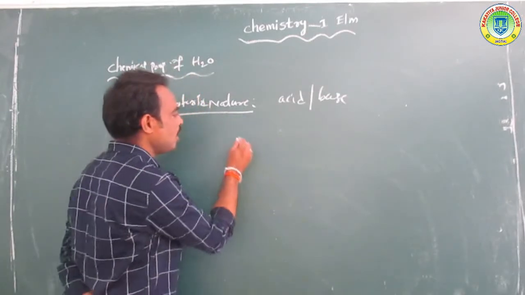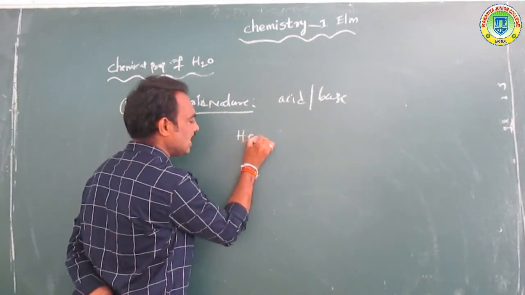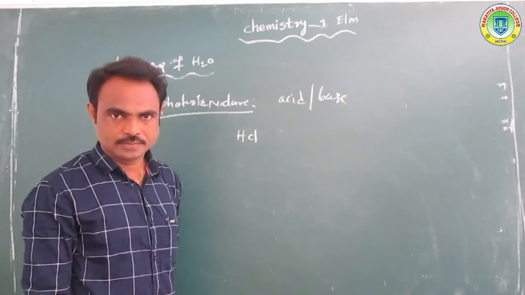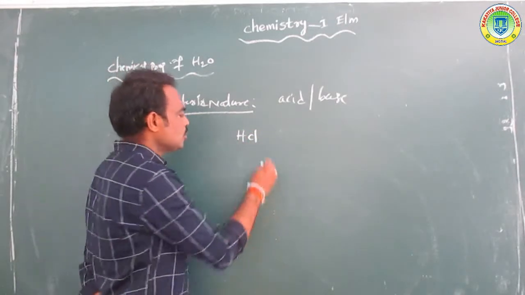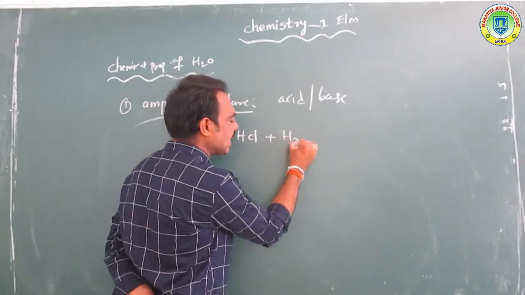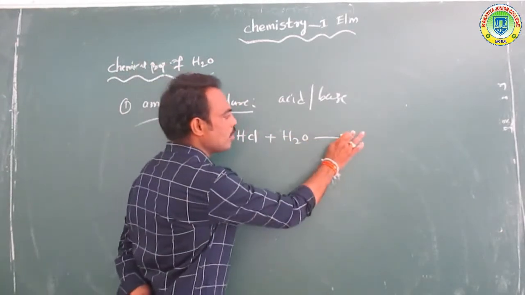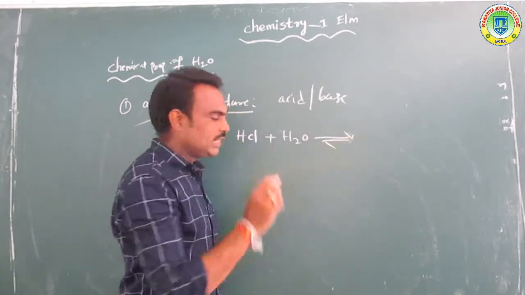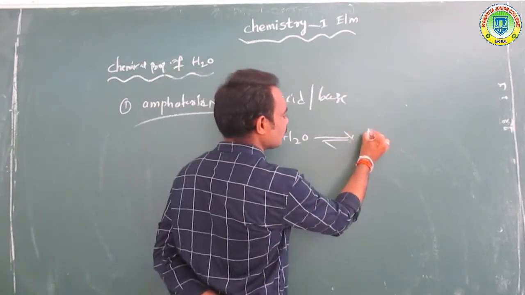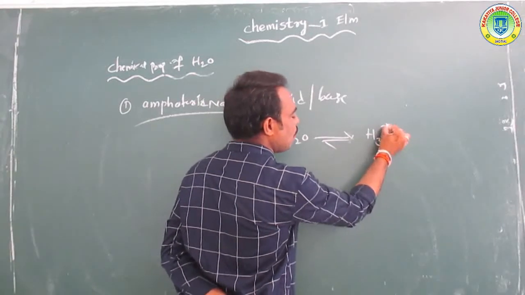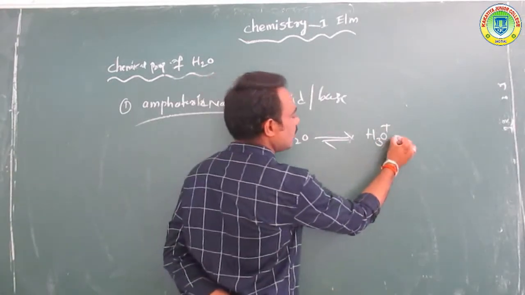Suppose, for example, we take HCl, hydrochloric acid. This hydrochloric acid reacts with water molecules to form H3O+ and Cl-.